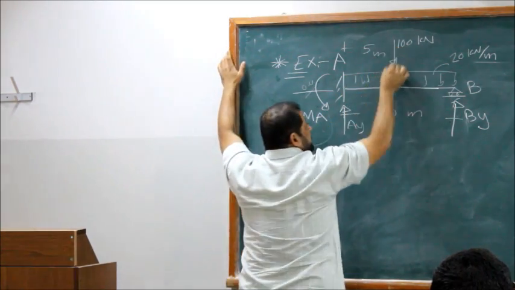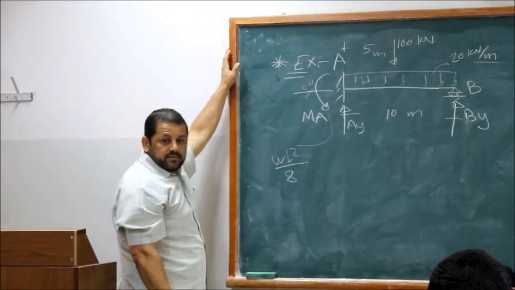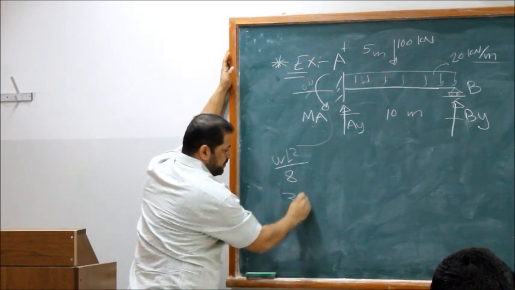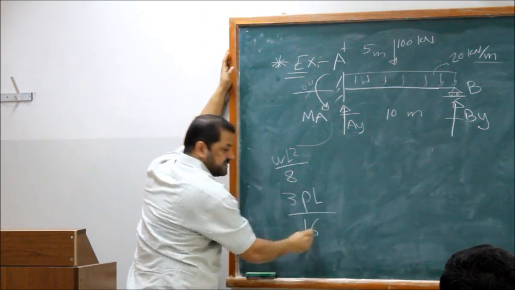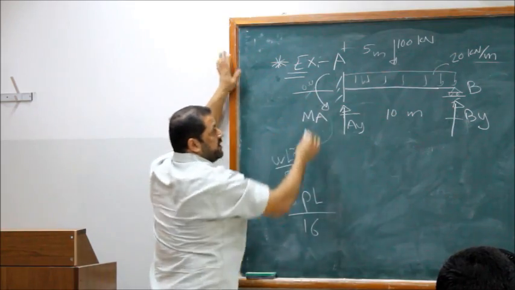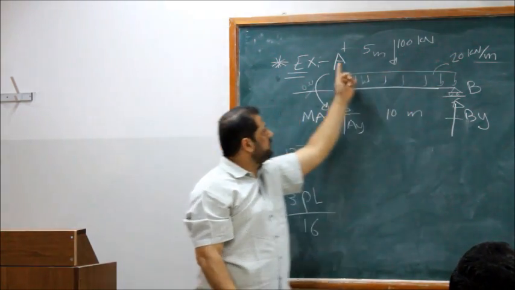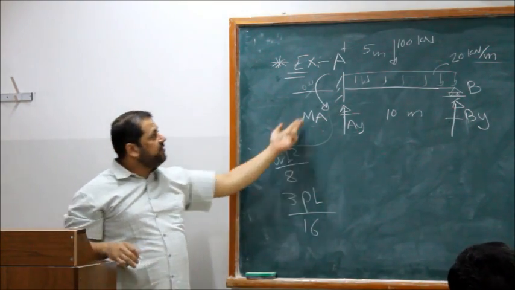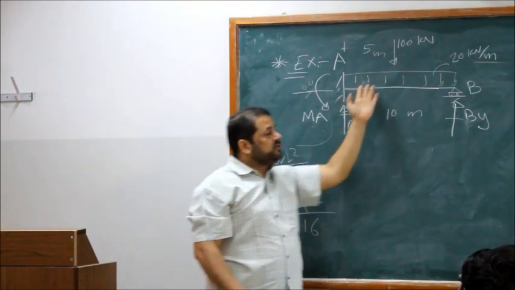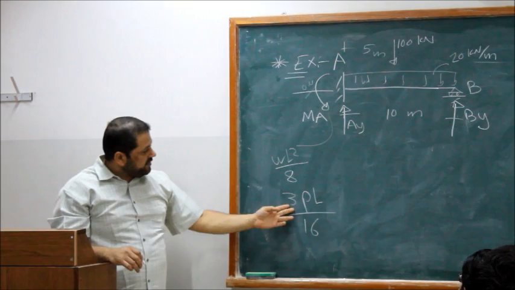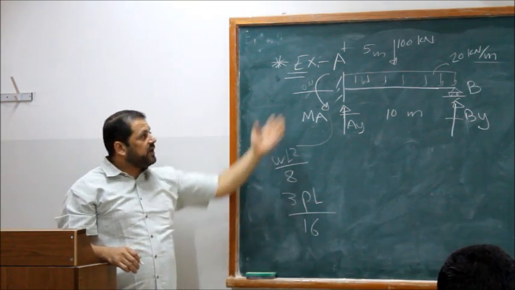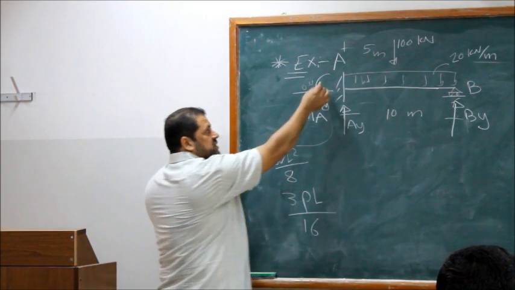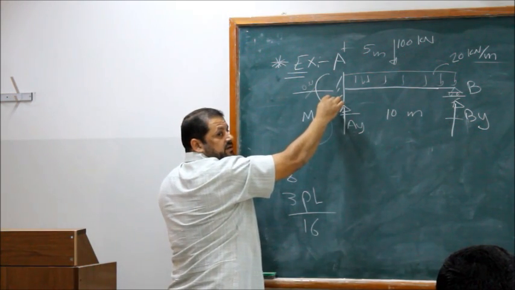What if you have this one? 3PL over 16. So if we have a distributed load, there will be a moment here equal WL square over 8. If we have a concentrated load, we will have a moment here 3PL over 16. We have both of them, then we'll have this and that. They both cause moment in the same direction.